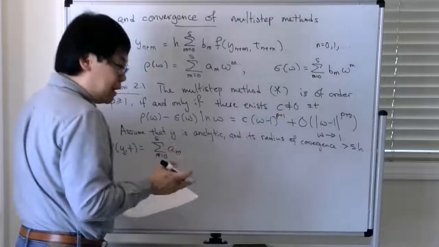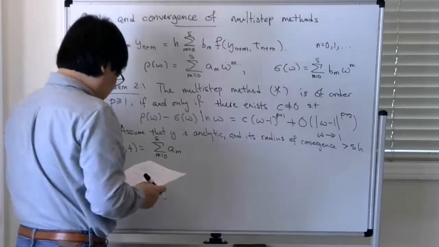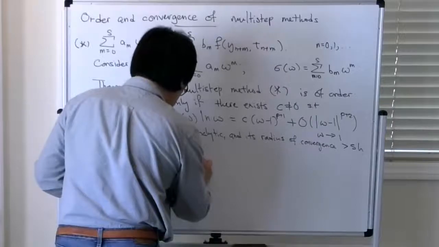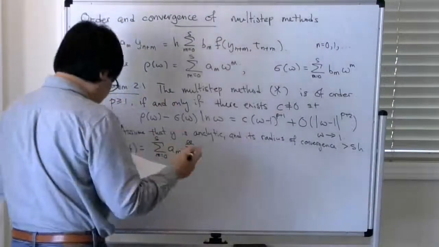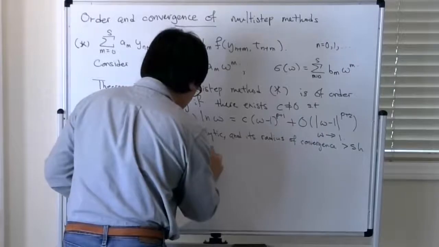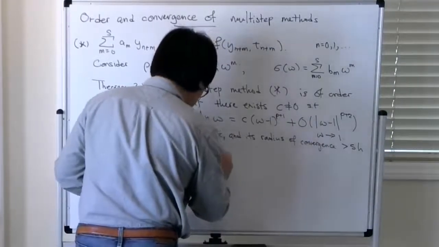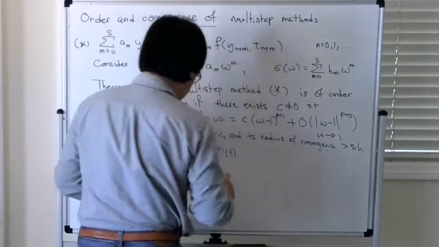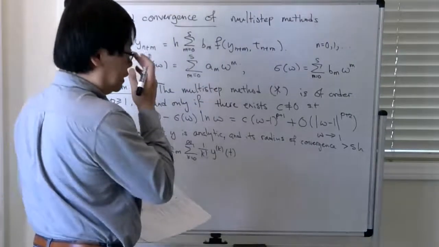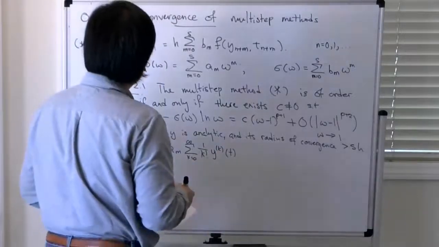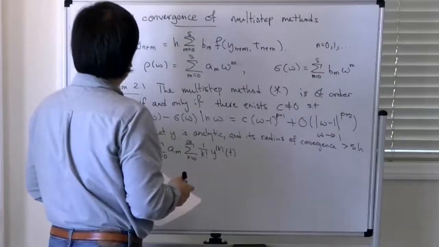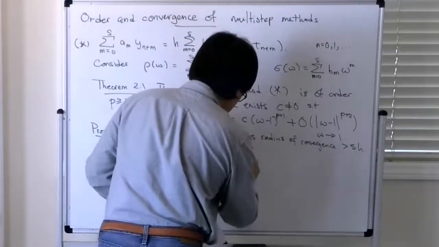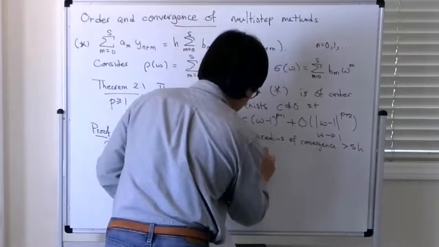I'm going to Taylor expand it about the time t. So this is the sum from k equals 0 to infinity, the infinite Taylor expansion, 1 over k factorial, the kth derivative of y evaluated at time t, and then the time step m times h to the kth power, so that's m to the k, h to the k.